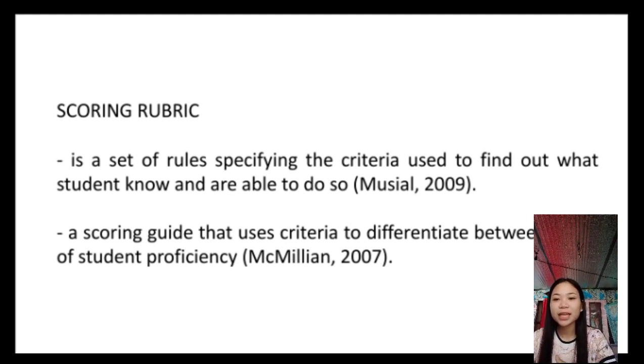It is important because scoring rubrics provide clarity and consistency in assessment, making the evaluation process transparent and fair for both students and teachers. They help ensure that assessment is aligned with learning objectives and provides meaningful feedback to support student growth and development.